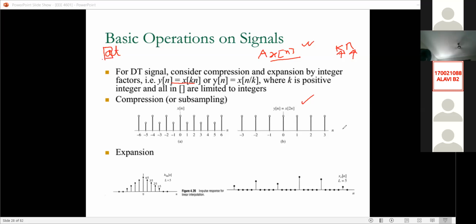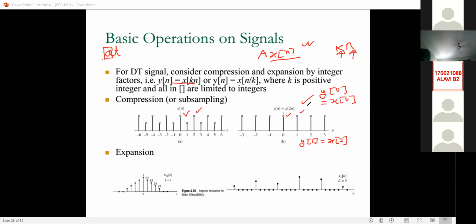For example, y[0] is equal to x[0], for n equal to 0. Now let us calculate y[1]. y[1] would be equal to x[2], isn't it? So we have our x[2].